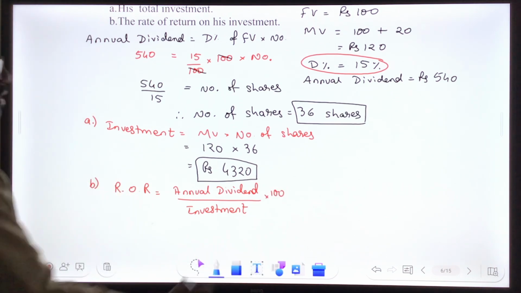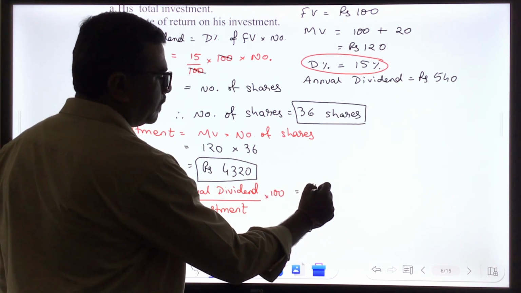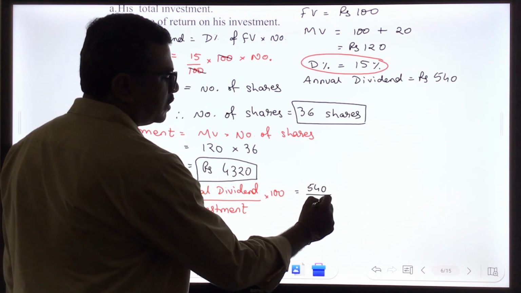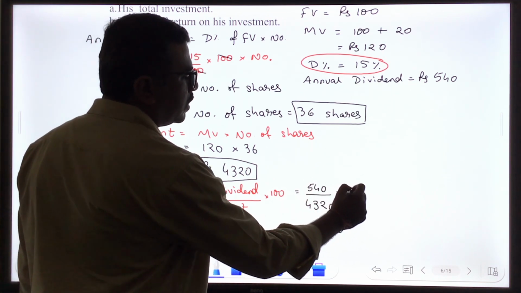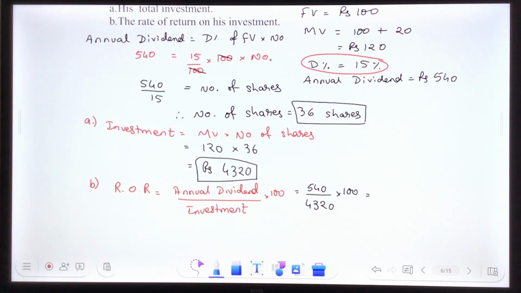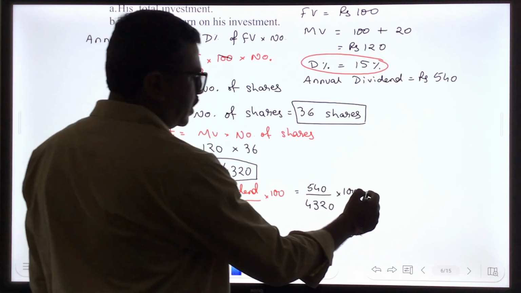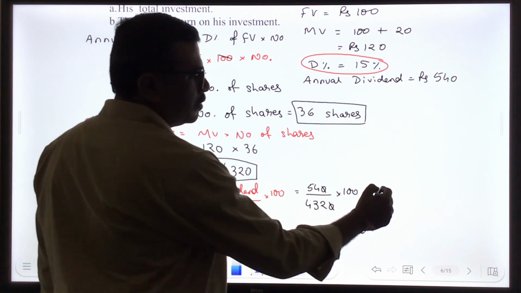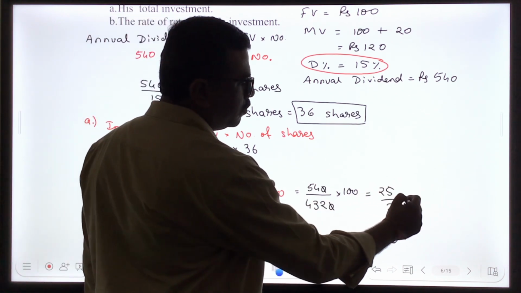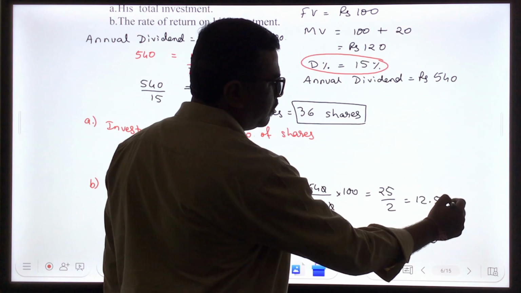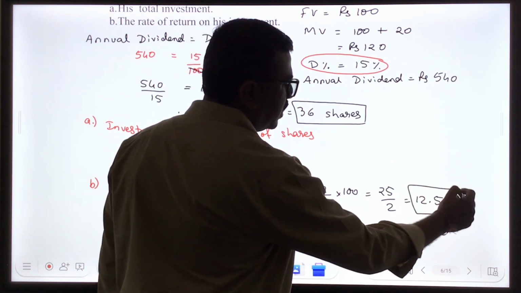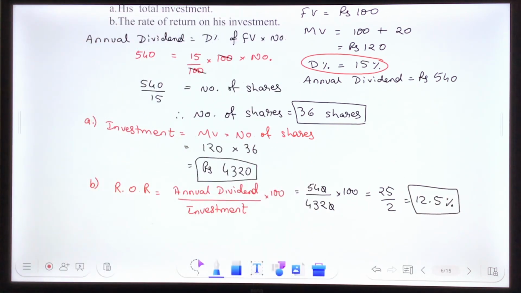So that is 540 divided by 4,320 times 100. So on simplifying this, what we get is 25 upon 2, which is 12.5 percentage. So he gets 12.5% rate of return on his investment.